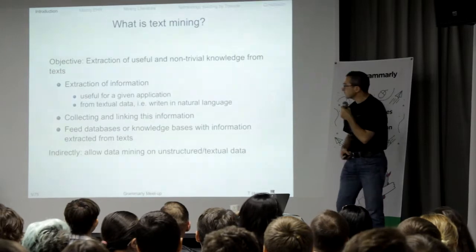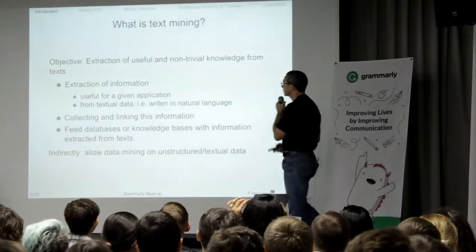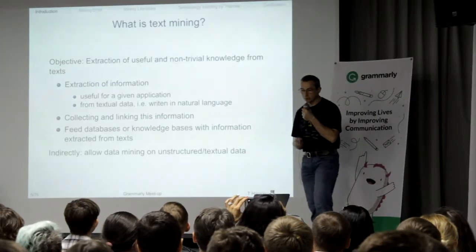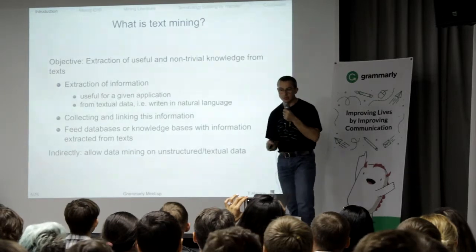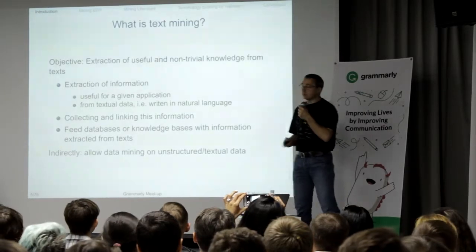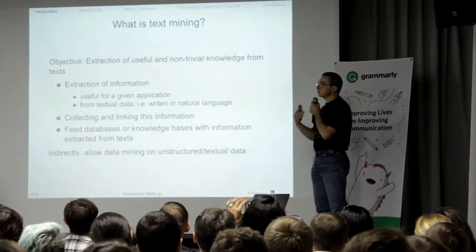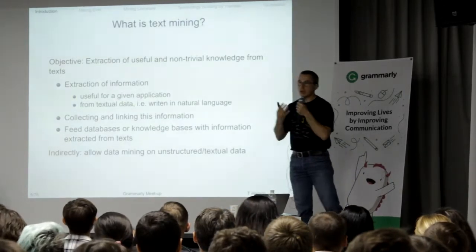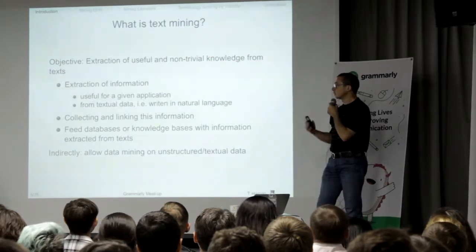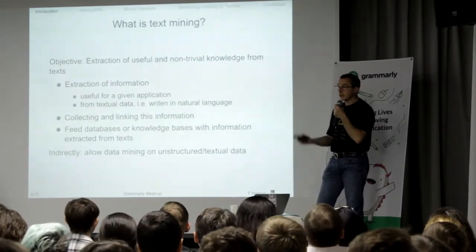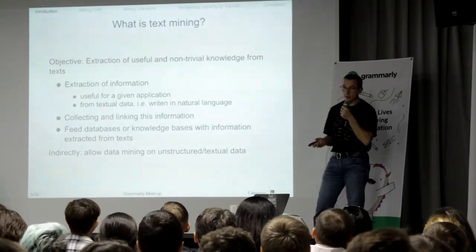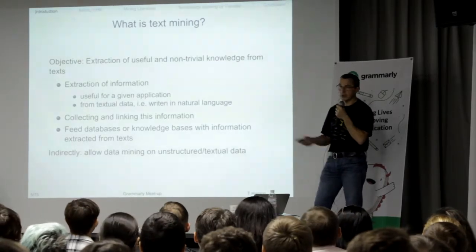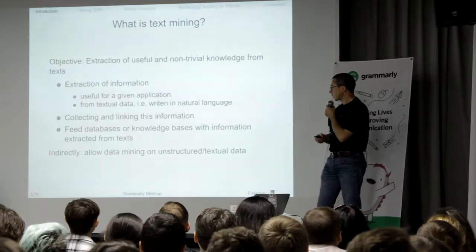So what is text mining? It is mainly the extraction of useful and non-trivial knowledge from text. You have to extract the information according to the application, and also from text. From text means that it's from written language, with different kinds of problems that I will present.